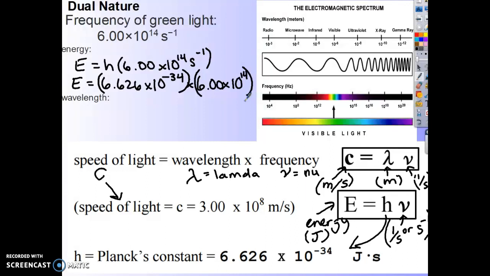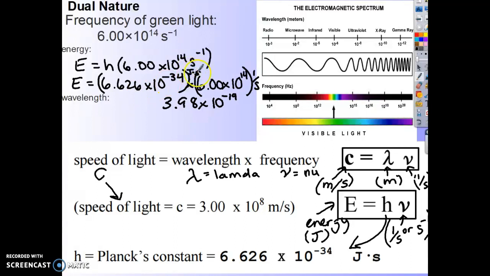I've got 3.98. If I round it to three significant figures, just like I had right here, 1, 2, 3, 3.98 times 10 to the negative 19th power. And so this unit over here for frequency was 1 over seconds, and the unit of the h is J times s.